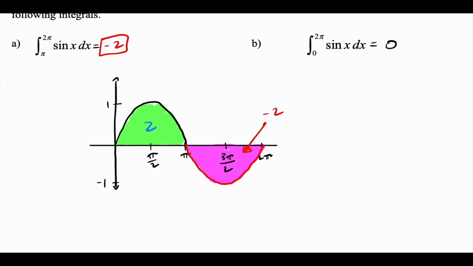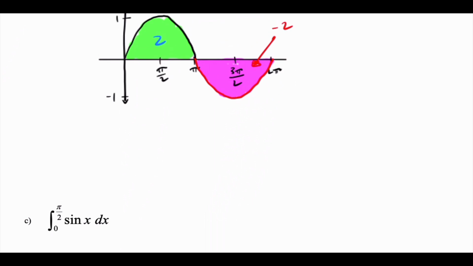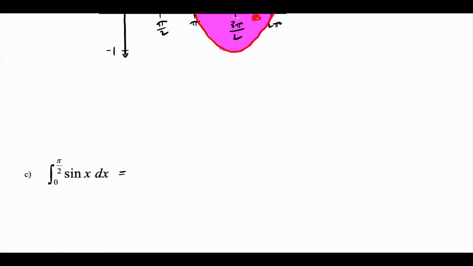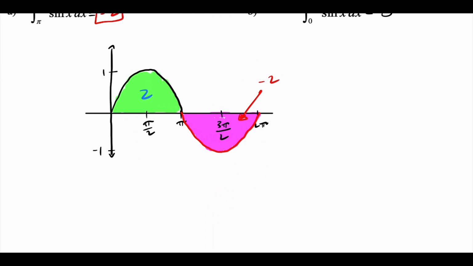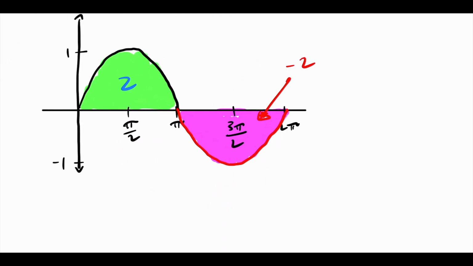Okay. All right. So the last thing, let's do letter C, and then we'll be done for today. Letter C. So from 0 to pi over 2. Again, with a picture, it's not too bad.